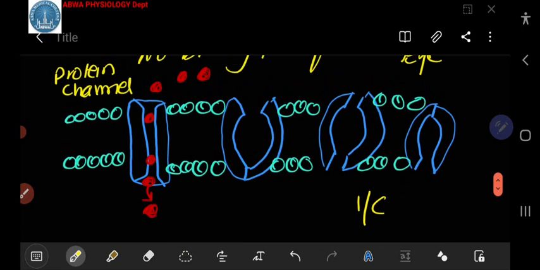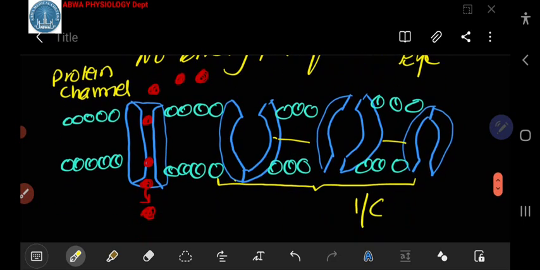Then one is a carrier protein. These are the carrier proteins shown in different stages, this one and this one. This is a carrier protein. The molecule is sent into this.